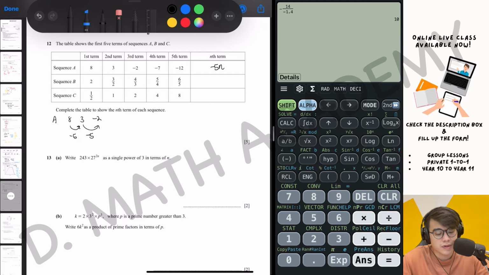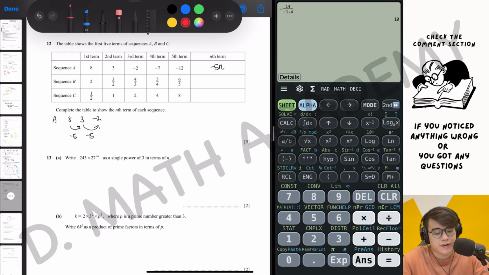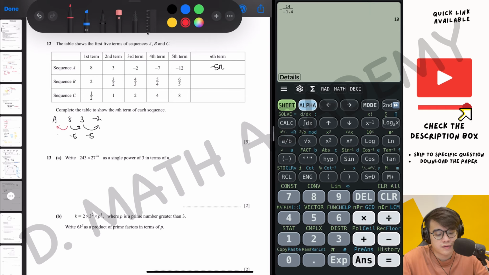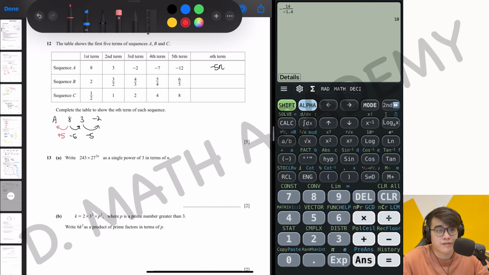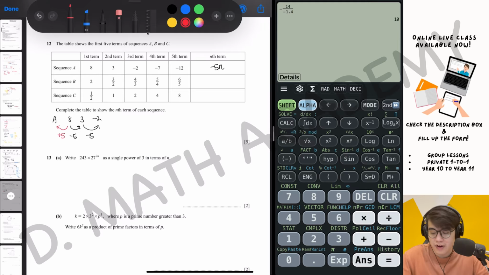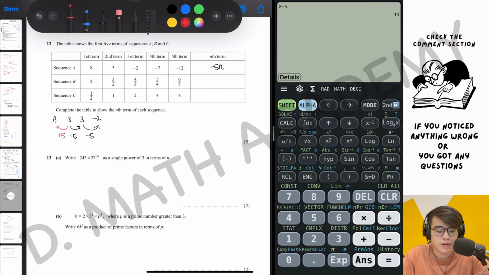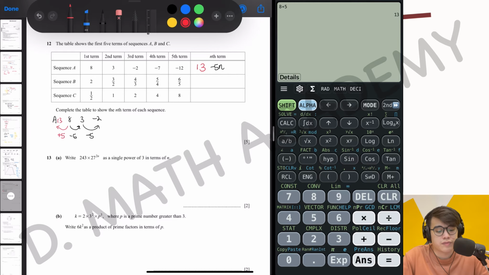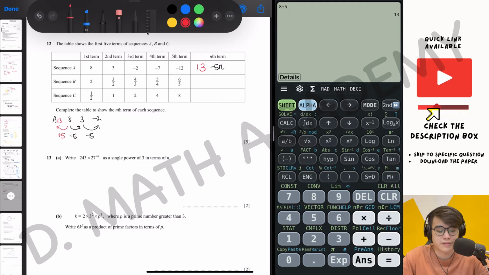To complete our calculation, I have to identify the 0th term, which is by going in a different direction from the first number that they gave us, which I will add 5 into it. So 8 plus 5, you will get your answer as 13. So I will fill up 13 minus 5n as my final result here.